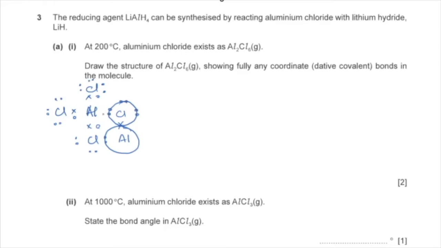Now this pair of electrons of this chlorine atom will be shared with this aluminium atom, and this is how dative bonding forms. While the other chlorine atoms will have their lone pairs not being shared.